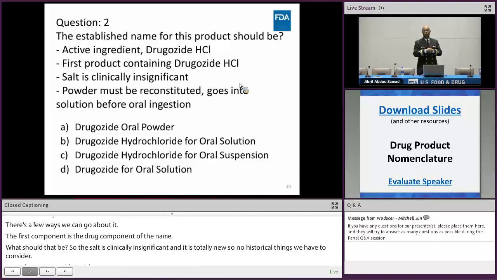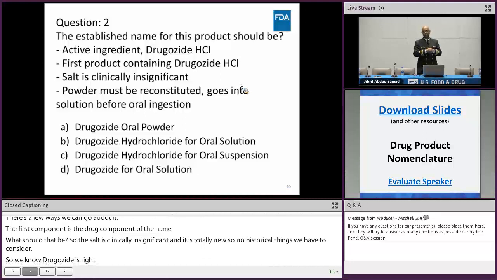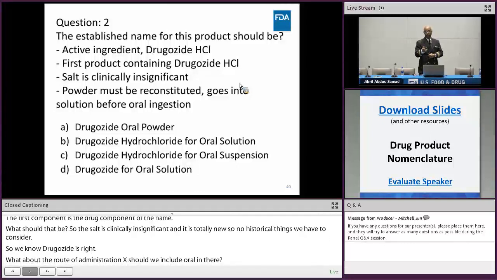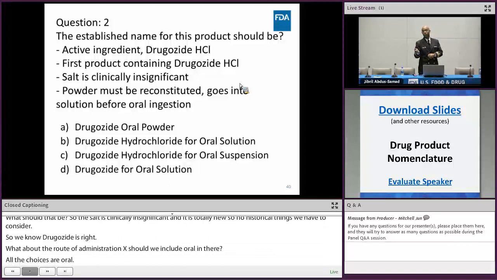Should we include oral in there? Those are all the choices of oral. So we should include oral because it's a solution, or it will go into solution, and it could be administered somewhere else. And then we also have that it goes into solution, so we know it's a solution. So the answer is D.